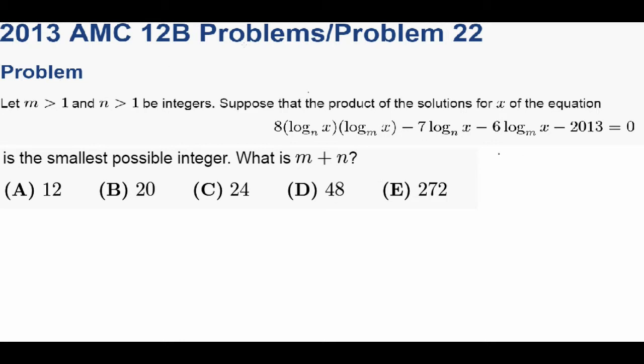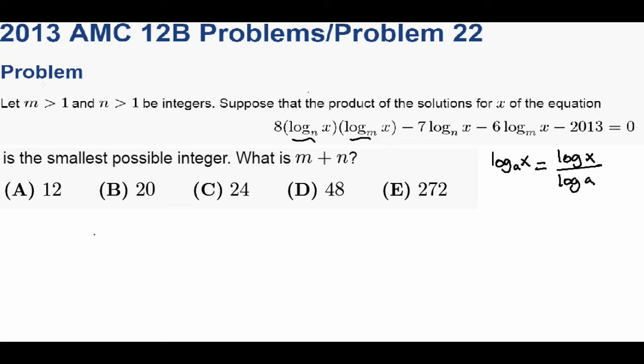So keep in mind that one rule of logarithms is that log base a of x is equal to log x over log a. So keeping that in mind, we can convert all of these log base n of x and log base m of x into that form.